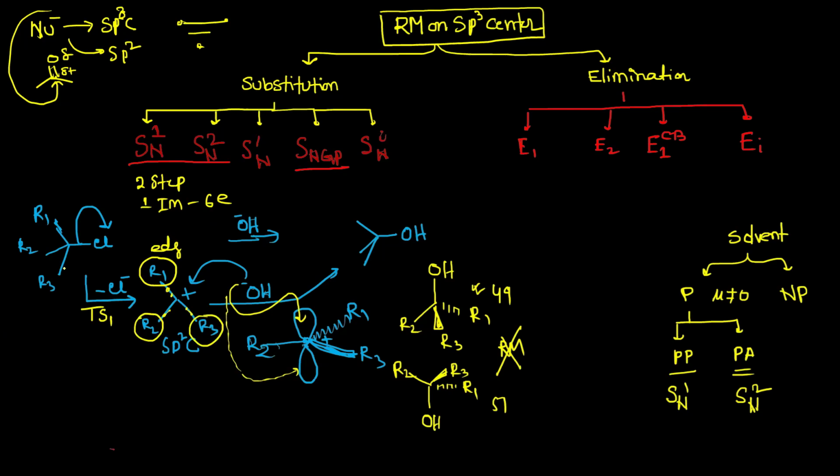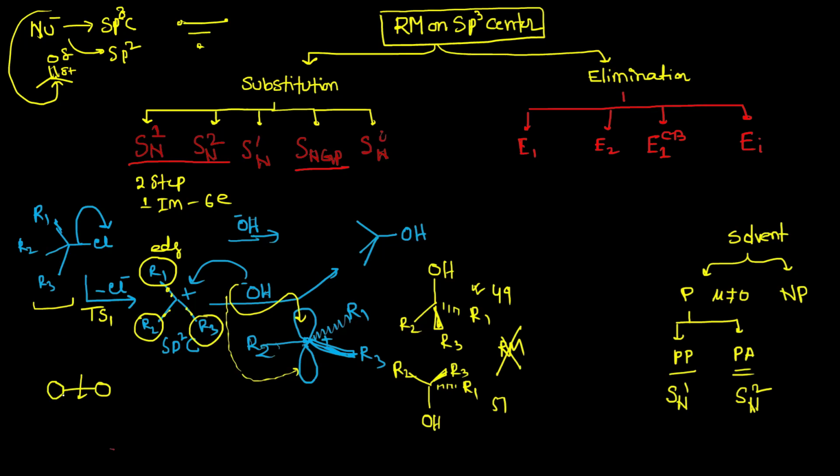Now, from species 1 to species 2, for example, species 1 is the reactant and this intermediate is species 2. The midway is basically a transition state, when the C-Cl bond is 50% broken. Half of the carbon-chlorine bond is broken. This is basically the transition state.